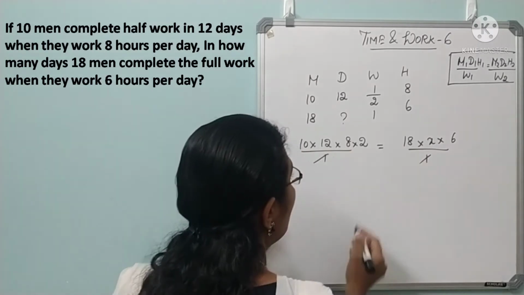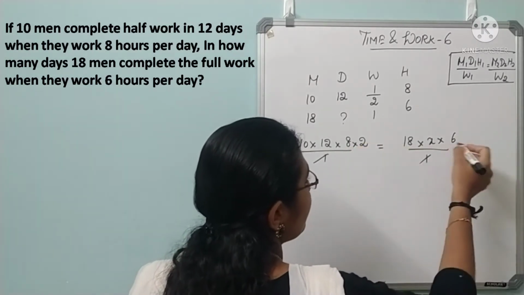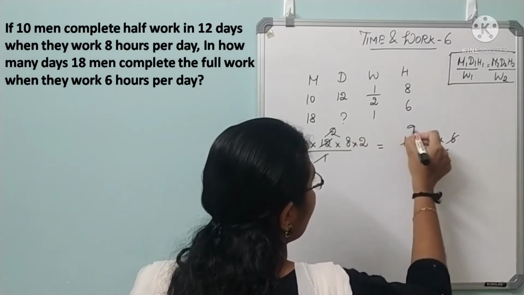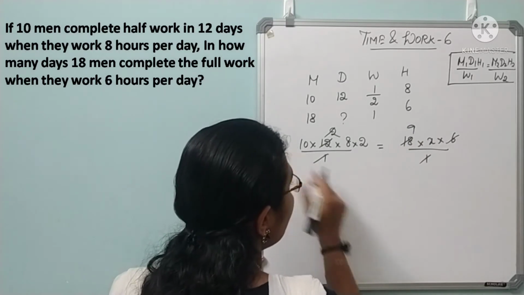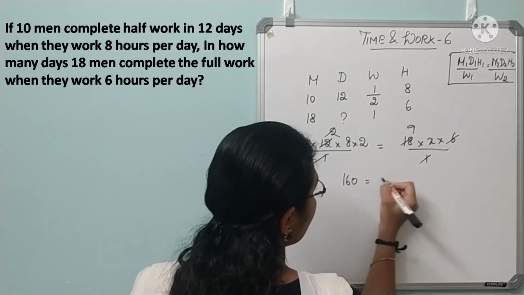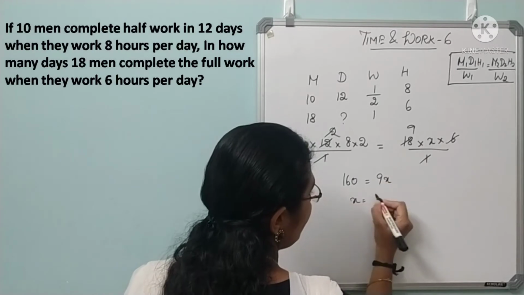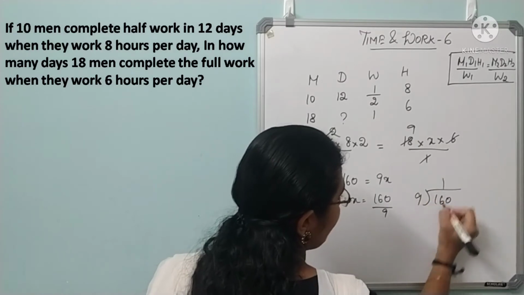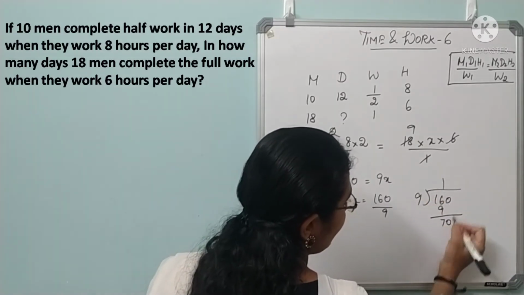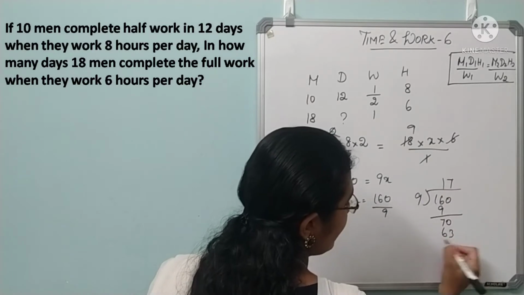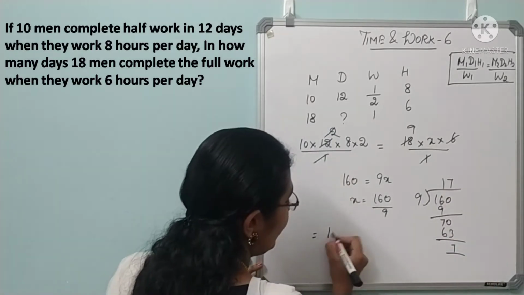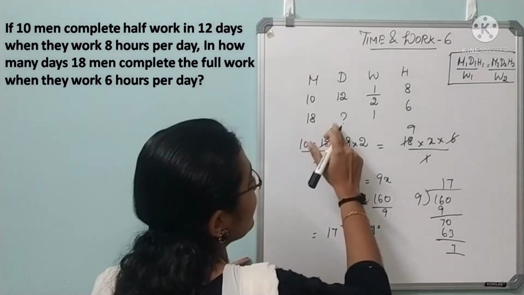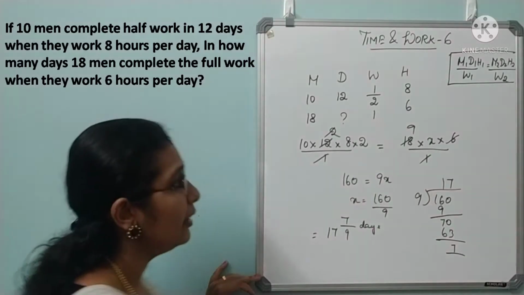So 1 and 1 cancel, and you can simplify like this itself. 6 2s are 12, 2 9s are 18. So 8 2s are 16, 16 into 10, 160. So 160 is equal to 9x. So x is equal to 160 divided by 9. 9 ones are 9, 9 7s are 63, so the remaining is 7. So it takes 17 and 7 by 9 days for these 18 persons to complete the work.